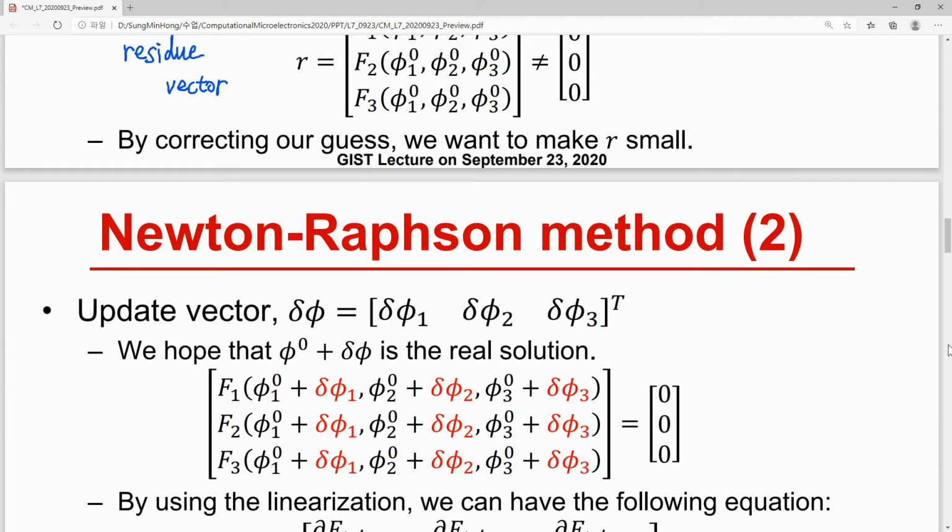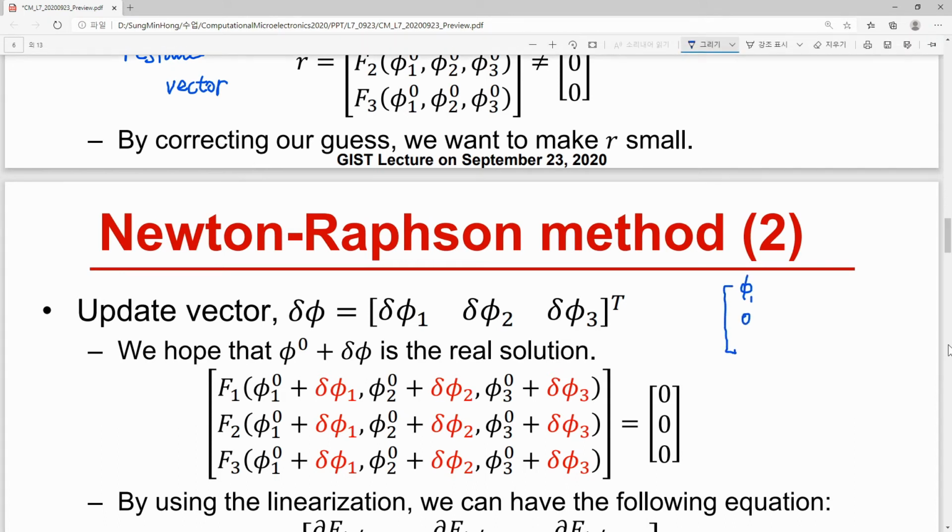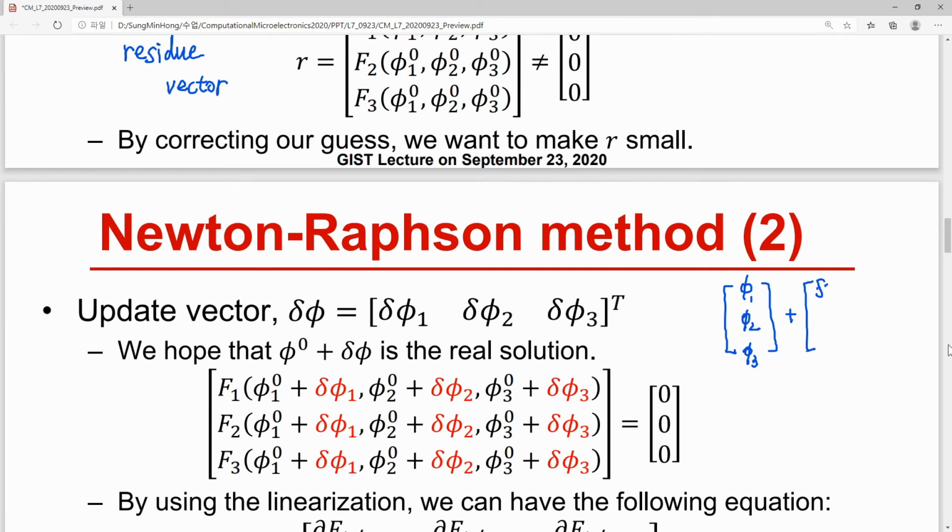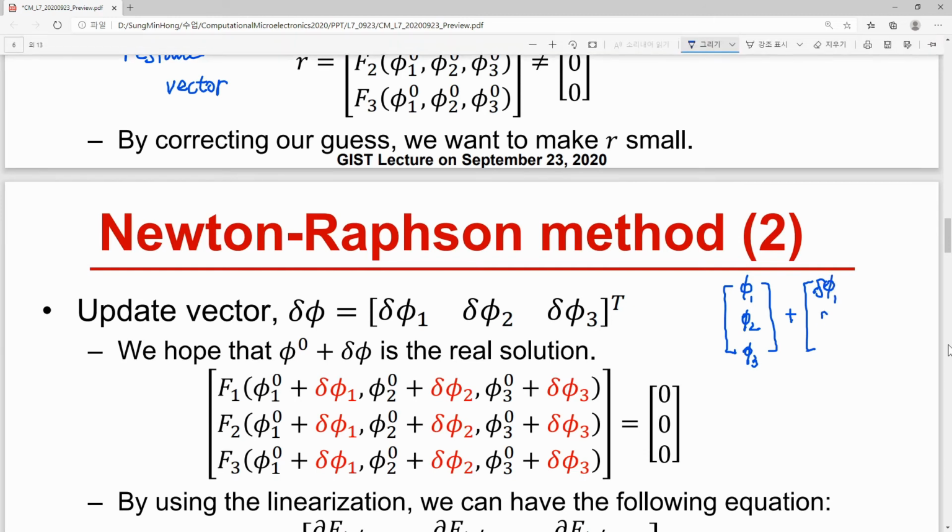But since our solution is now phi 1, phi 2, and phi 3, the correction should also be attached to phi 1, phi 2, and phi 3.